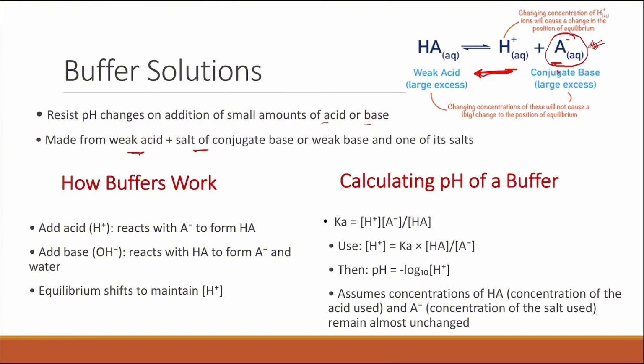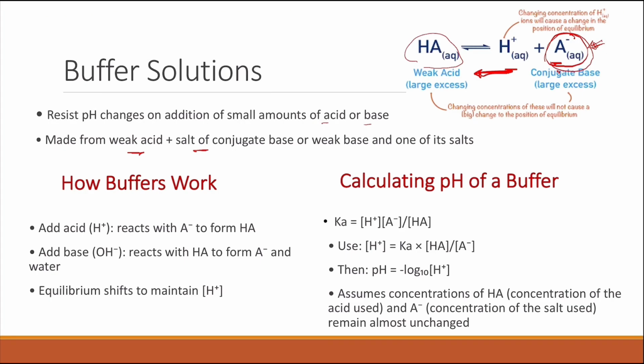The anion is in excess because you added the salt along with the acid. So if you add a little bit more of the acid, the excess acid will react with the anion.